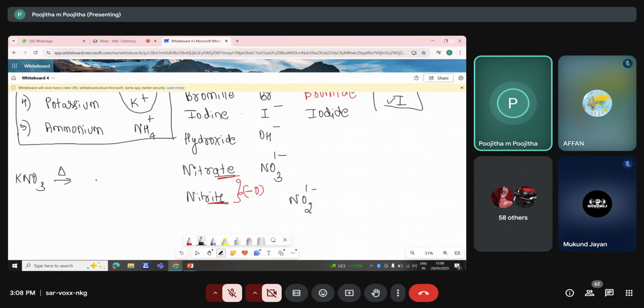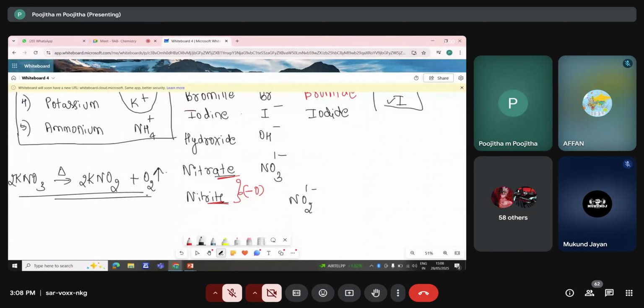Potassium or sodium nitrate on heating decomposes to the respective metal nitrite, and oxygen gas is evolved. So you just reduce one oxygen, but the charge remains the same.